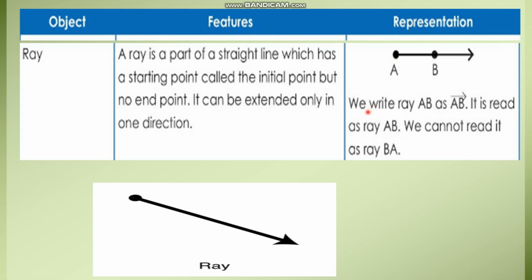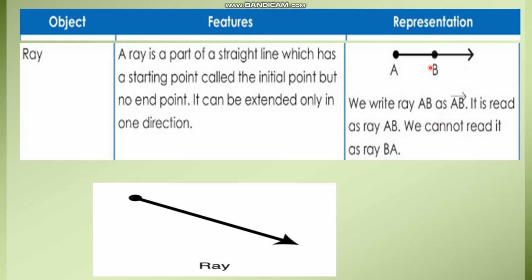Look, we write ray AB as AB with the ray symbol. On one side only you put the arrow. To show the ray, you put the arrow on one side only. So it shows ray AB. It is read as ray AB. We cannot read it as ray BA.